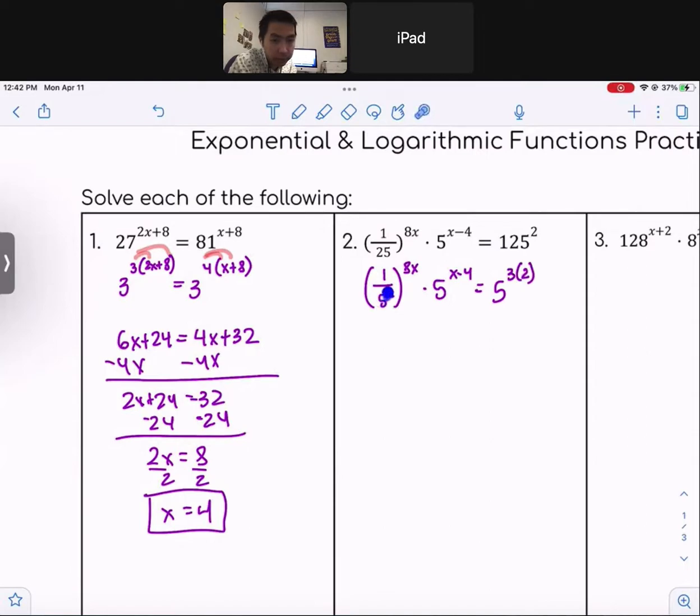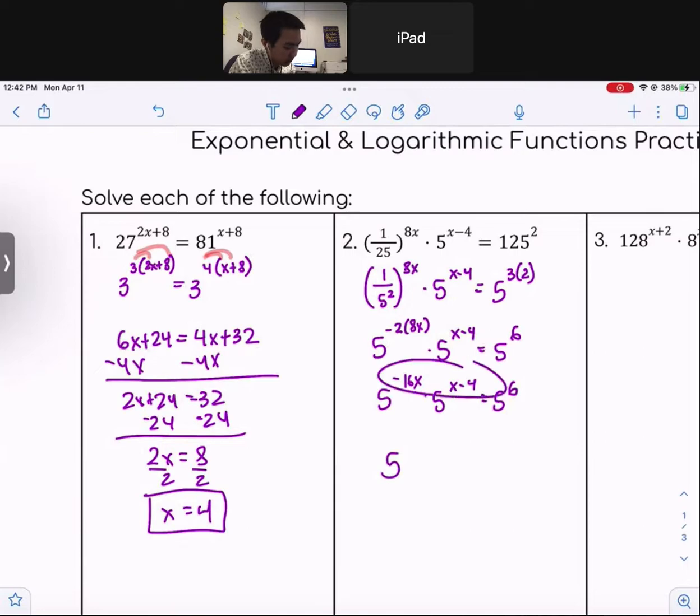Now remember, if it's 1 over 5 to the second, bring this 5 to the second up top, but then that exponent becomes the opposite, so negative 2 power. And 3 times 2, 5 to the 6. So we got negative 2 times 8x is negative 16x, times 5 to the x minus 4 equals 5 to the 6.